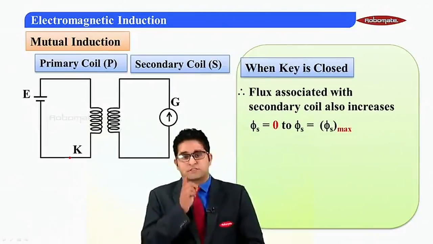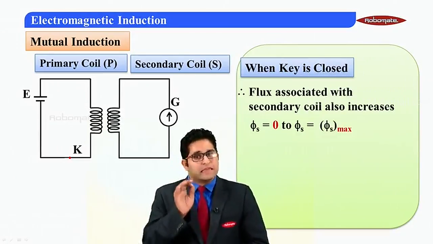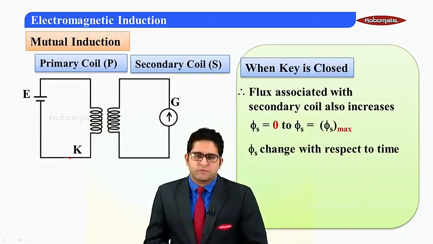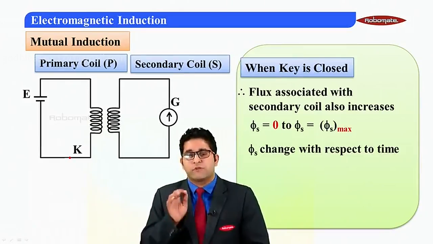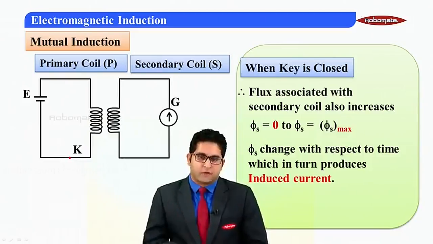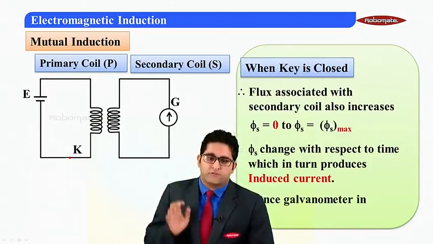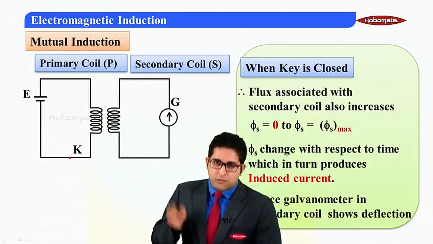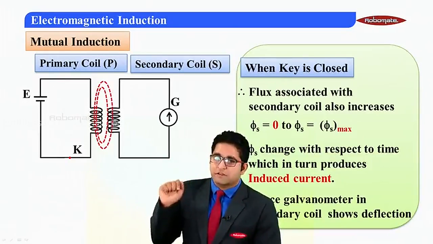Now let us move further. See carefully, flux associated with the secondary coil is increasing, or I can say there is change in the value of flux with respect to time, and this change in flux with respect to time will lead to production of induced current in the secondary coil, and because of this induced current, the galvanometer will show deflection, right? Now see the diagram carefully. As key is closed, current will increase, and as current is increasing, magnetic flux is increasing, right?